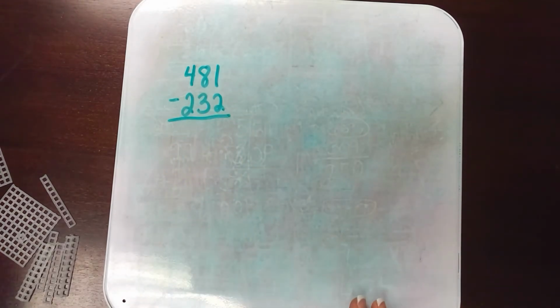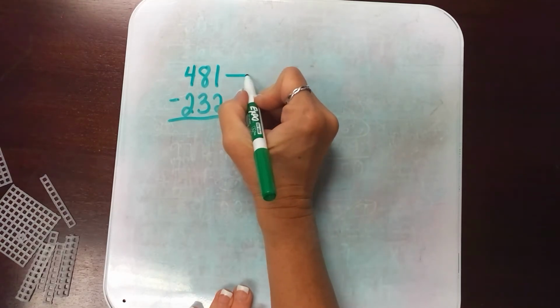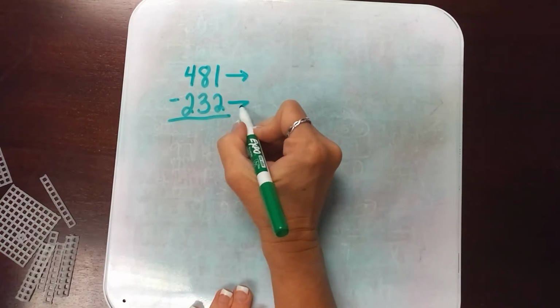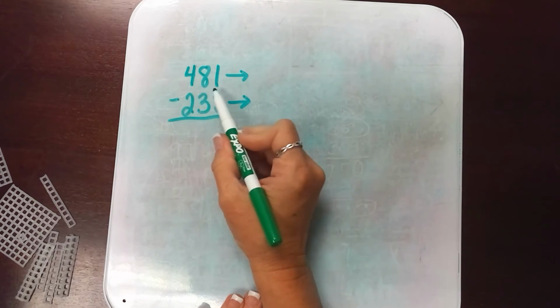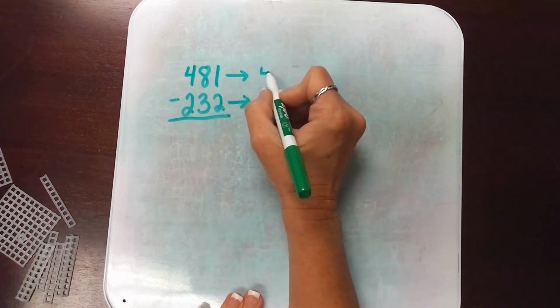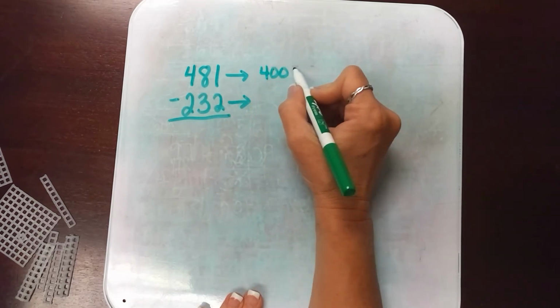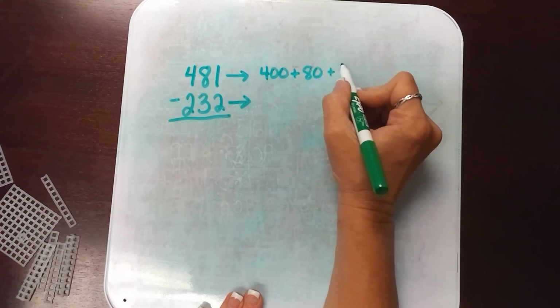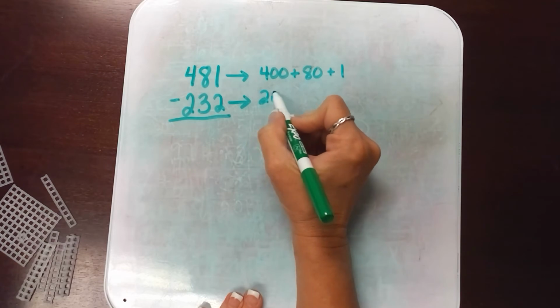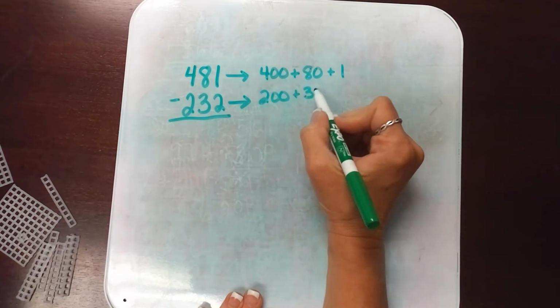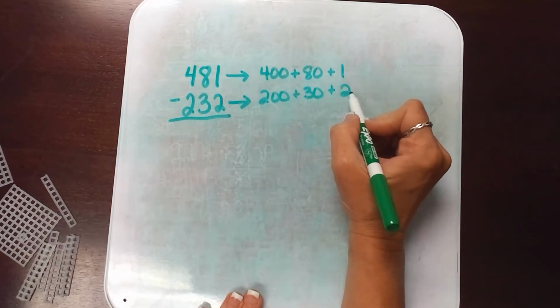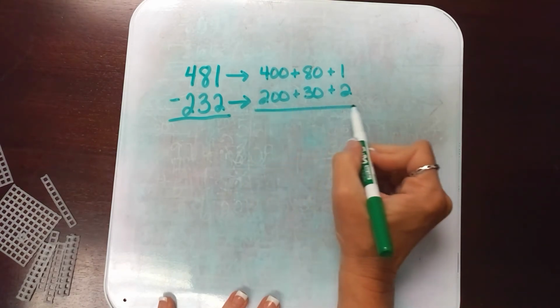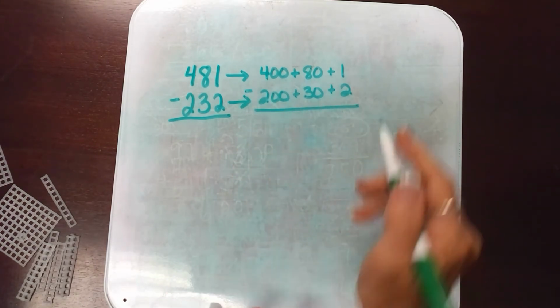So basically, expanded subtraction, front end subtraction, whatever you call it, is once again having students change these numbers in standard form and write them in expanded form. Okay, so we're subtracting these two.